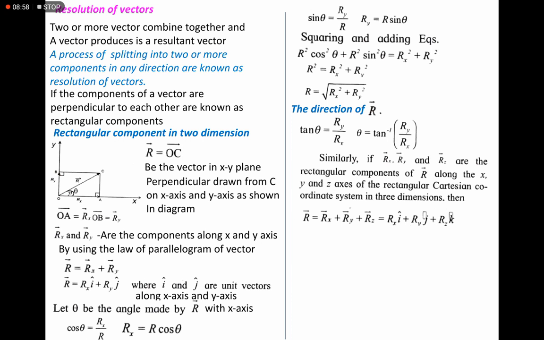We'll write R is equal to the square root of Rx square plus Ry square plus Rz square.